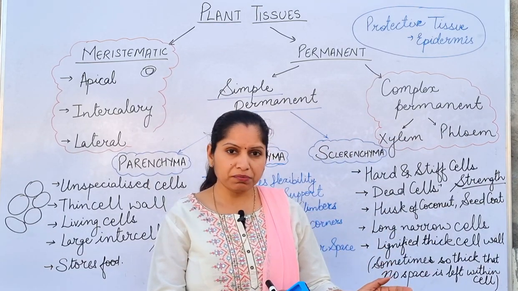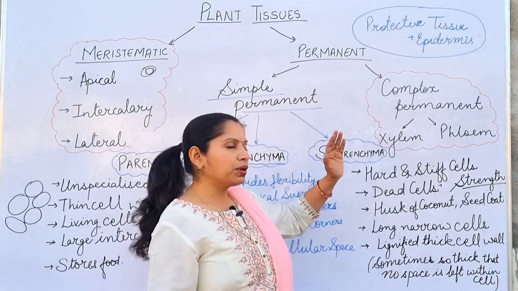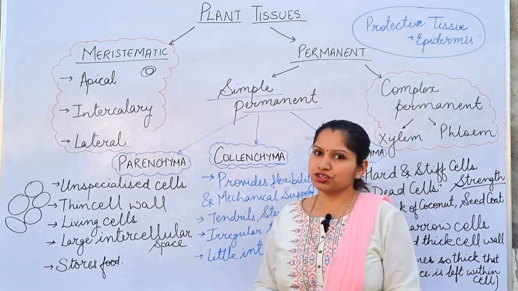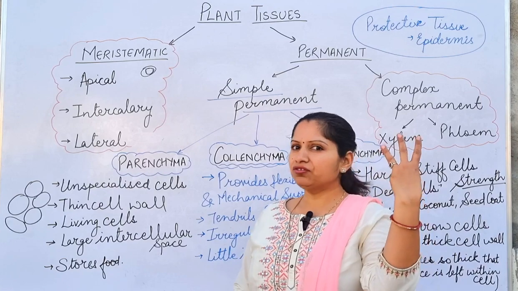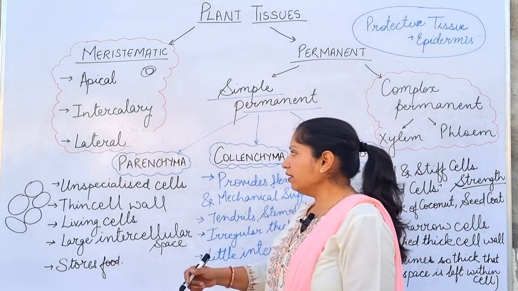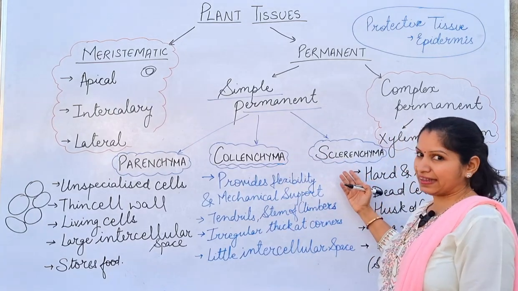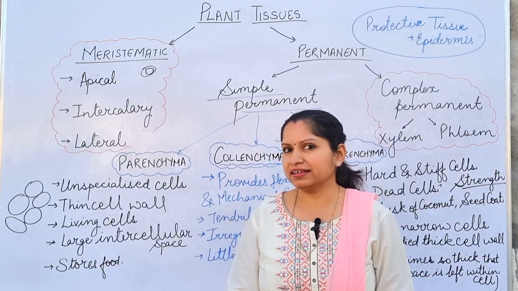Complex permanent tissue will have different types of cells. Okay, we will deal with that later. First we'll have a look at simple permanent tissues. Simple permanent tissues comprise mainly three types of tissues: parenchyma, collenchyma and sclerenchyma. One by one we are going to see about them in detail.